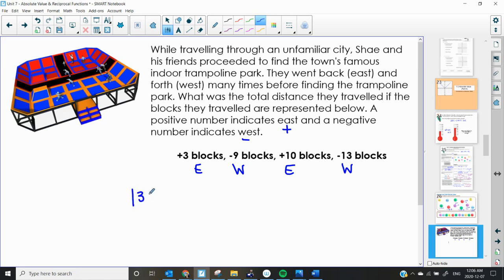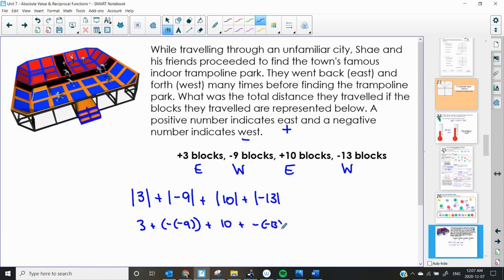Well, we're going to use absolute value. They travel 3 blocks, then another 9 blocks in a different direction, then another 10 blocks, and another 13 blocks. So evaluating that, the absolute value of 3 is just 3, plus the absolute value of -9, plus 10, plus the absolute value of -13.